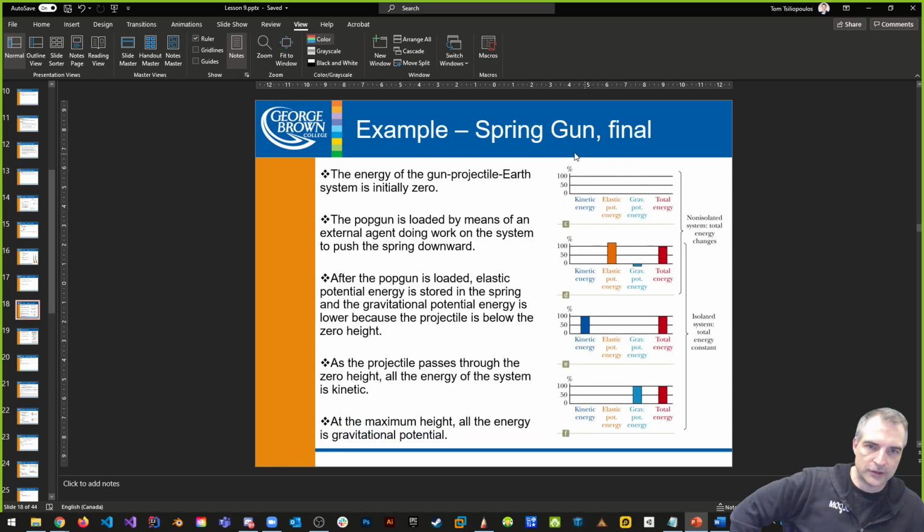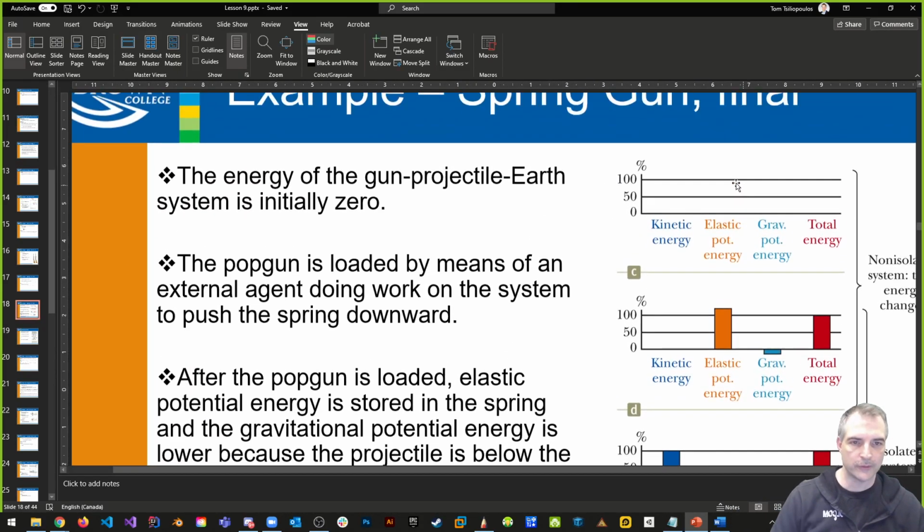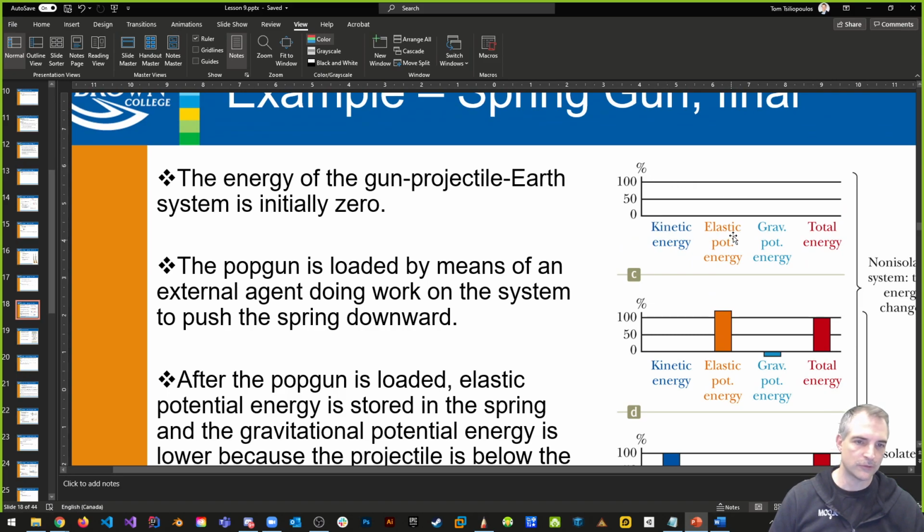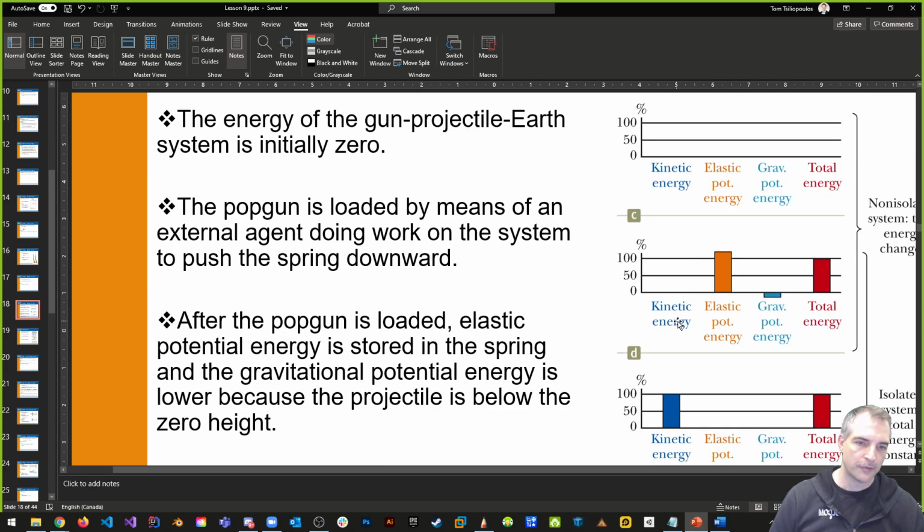And here's the energy transfer. So again, notice that at the beginning, I'm just going to zoom in here, right? At the beginning, what you have is your kinetic energy is 0. Your elastic potential energy is also 0 for the spring. Your gravitational potential energy is 0. But as soon as we trigger everything, what's going to happen is the kinetic energy is going to be 0, but the elastic potential energy is going to be unleashed, right? It's going to be released, right?